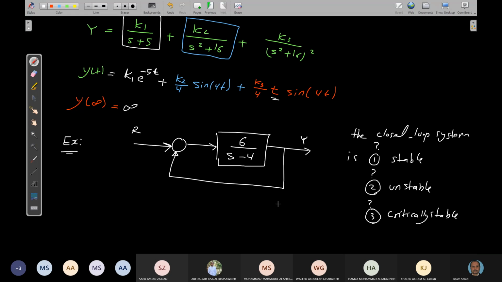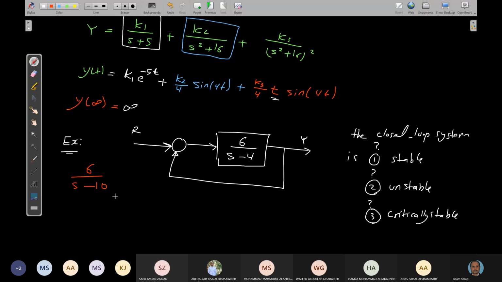Stable. Why stable? Because we have positive feedback, so the characteristic equation becomes s minus 4 minus 6. Actually, this will be unstable. Because if I take the closed loop system, it will be 6 over s minus 10, correct?